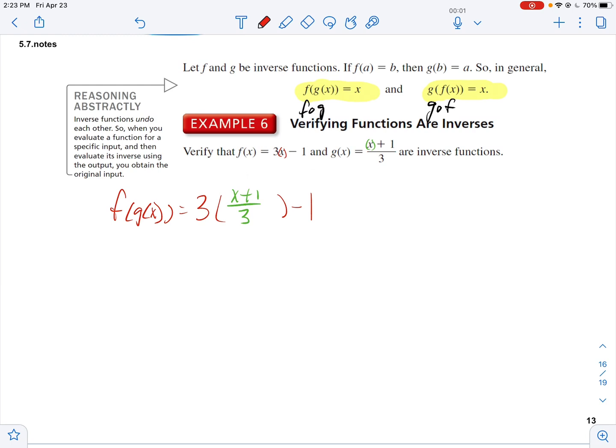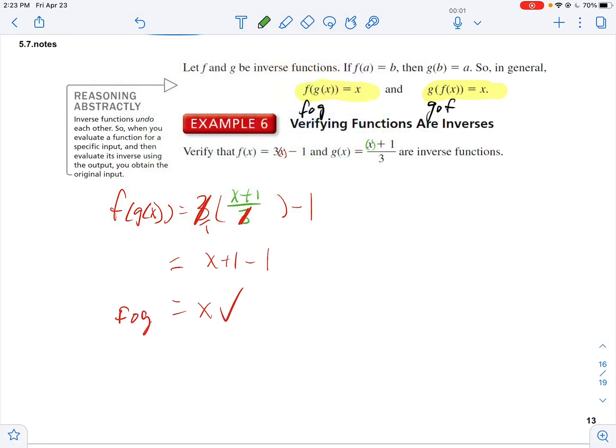Now, whenever I simplify this and multiply, that's a 3 over 1 times another fraction. And when you do a fraction times a fraction, you can reduce diagonally. And so those go to 1. That leaves me with x plus 1 minus 1. And 1 minus 1 is x. So far, the fog checks out.